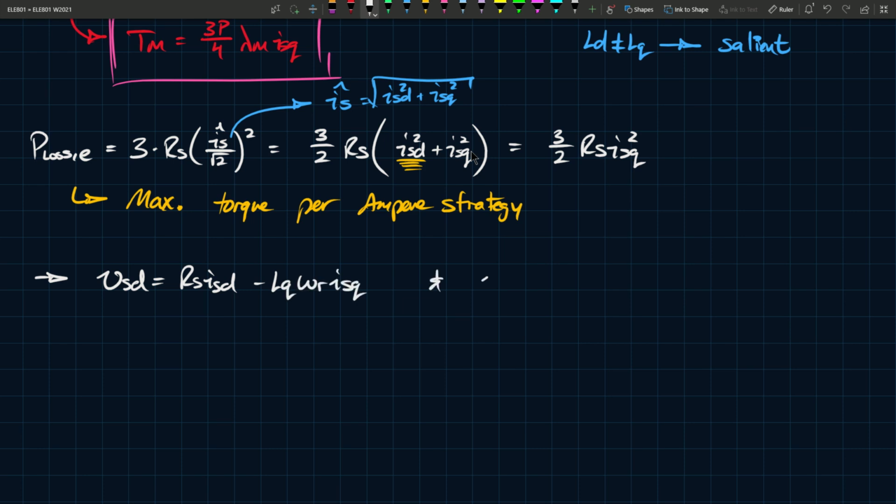And then we have a second equation for VSQ, which is equal to RS ISQ plus LD omega R ISD plus lambda m omega r. Again, setting derivatives to 0, solve in terms of VSD.